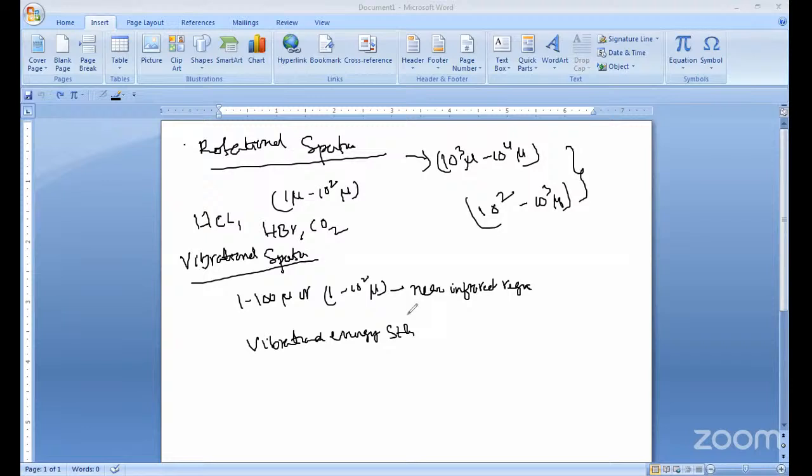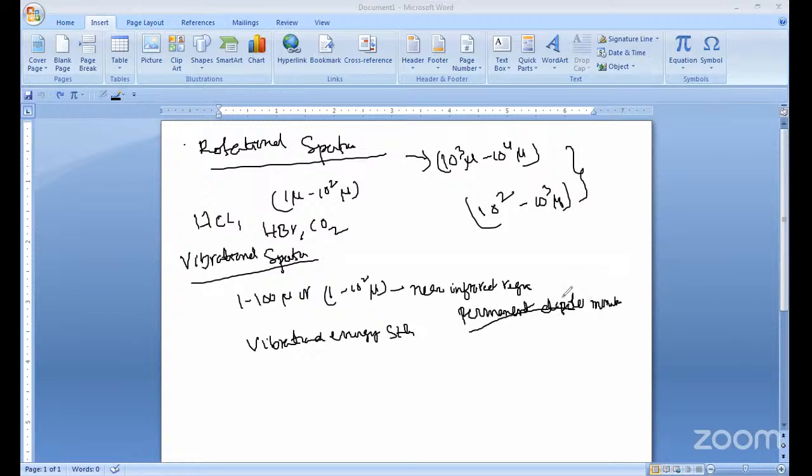Like pure rotational spectra, the vibrational rotational spectra are obtained only for molecules having a permanent dipole moment. So, as we have seen in the case of pure rotational spectra, the molecules must have a permanent dipole moment. This is mandatory. Only if you have a permanent dipole moment are we going to get this vibrational spectra or vibrational rotational spectra.